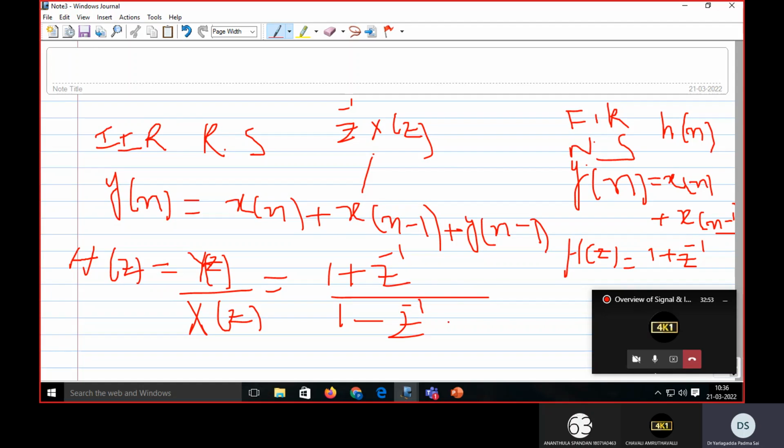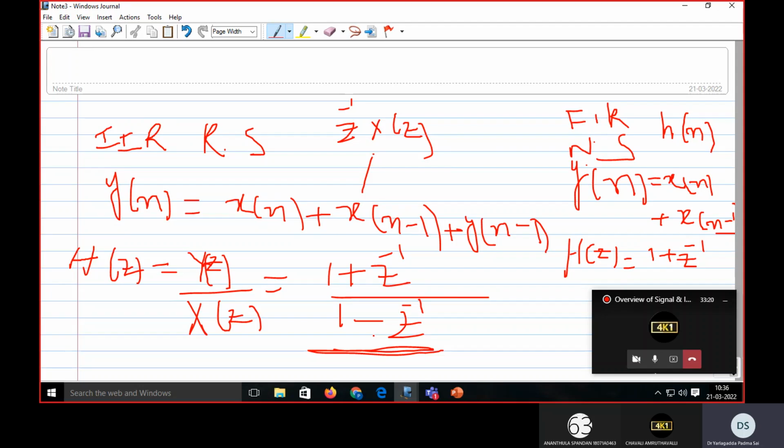All the time, the stability of the system depends on your denominator polynomial. If you equate the numerator to 0, you will get zeros. If you equate the denominator to 0, you will get poles. But if you see an FIR filter, you don't have any denominator, so your FIR system is always stable.